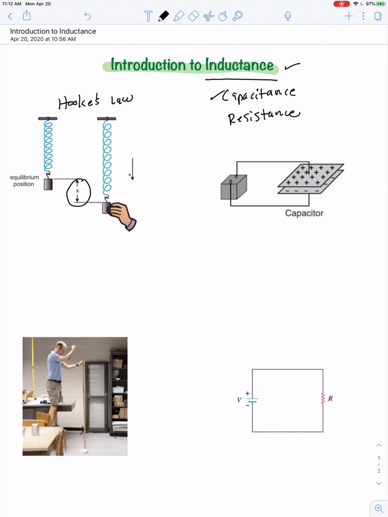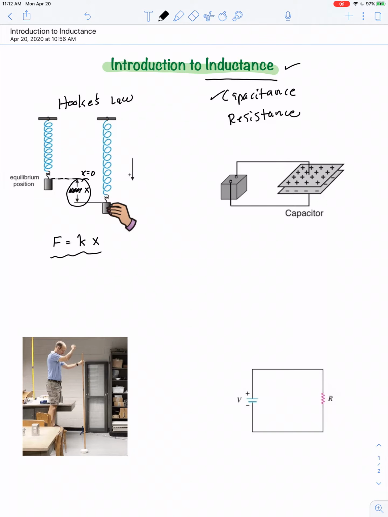Within the proportional limit, the force exerted by the spring is equal to some constant of proportionality, which we often call the spring stiffness, the k value, times the amount of stretch that appears in the spring. Sometimes this is labeled as delta x, but as long as we set x equals 0 as the equilibrium position, then there's no distinction between delta x and x symbolically.